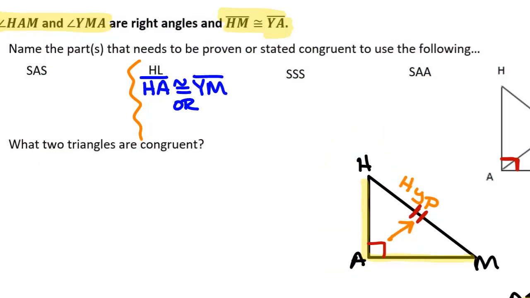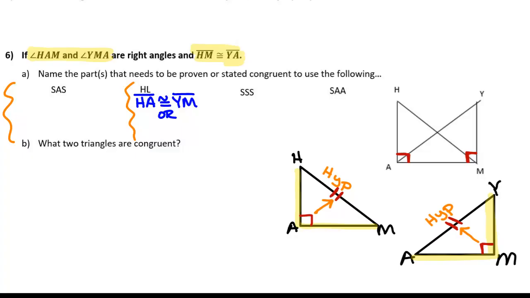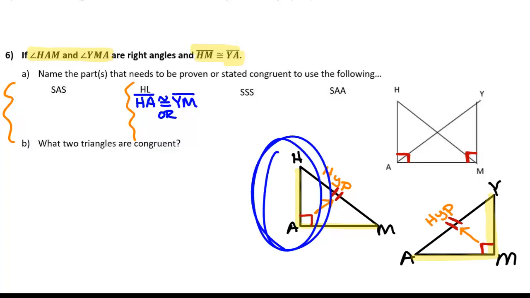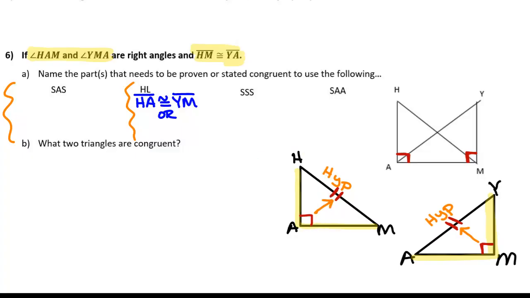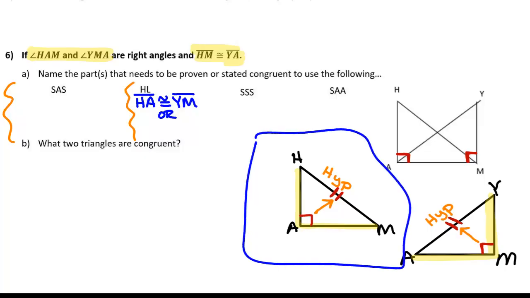Or there's another side that would be considered a leg. I don't have to go with HA. I could also do what? What's the other leg there other than HA? Same triangle, staying on the same triangle. I'm looking at this guy. This is a leg. Yep, AM.